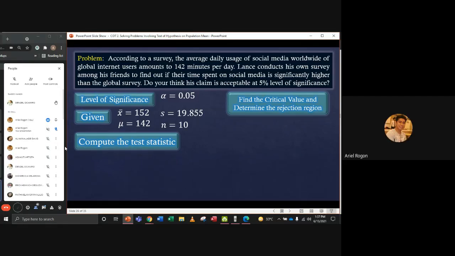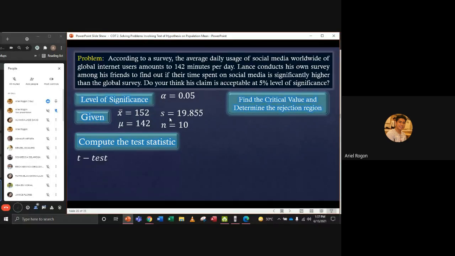Yes, what test statistic? T-test po. Okay, very good. T-test, because the sample size is less than 30 and the population standard deviation is unknown.